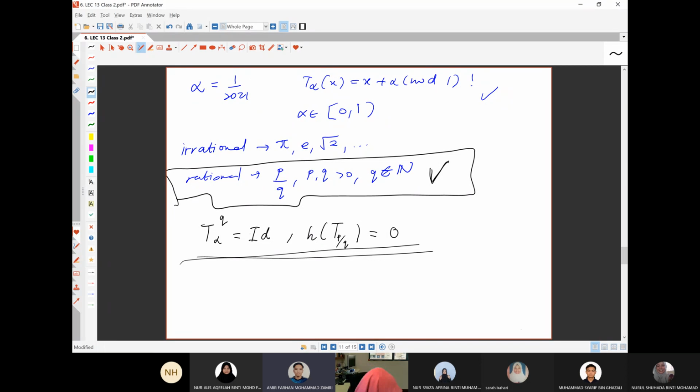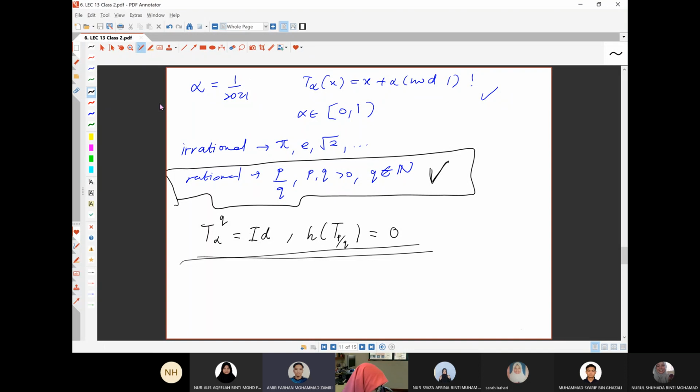Doctor, for the transformation to become identity, it must iterate Q times, right? Iterate Q times. What if P is more than 1, like 2/3 or 3/4? Is 2/3 rational or not? Rational. For 2/3 maybe the calculation is a bit different. It is not 3 times like 1/3 or 1/2021, where you get it straight away. There must be some extra calculation, maybe 5 or 6 times.